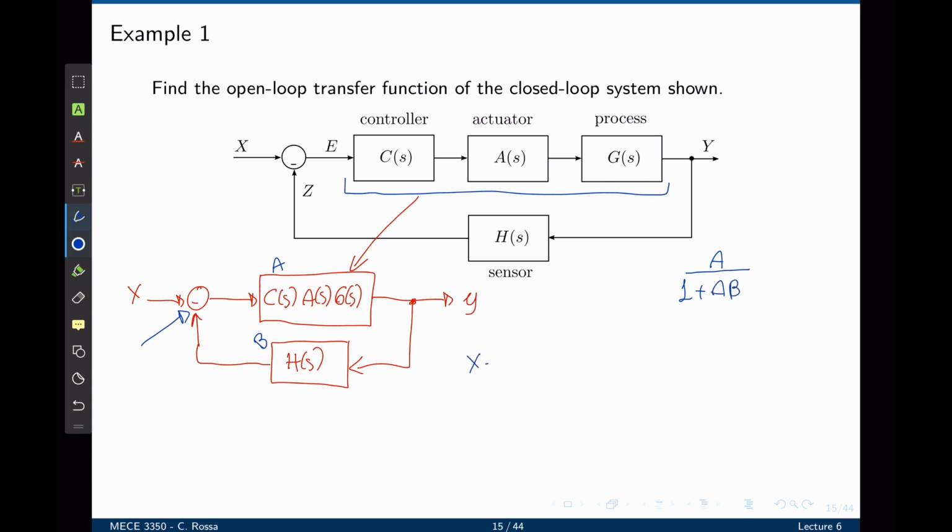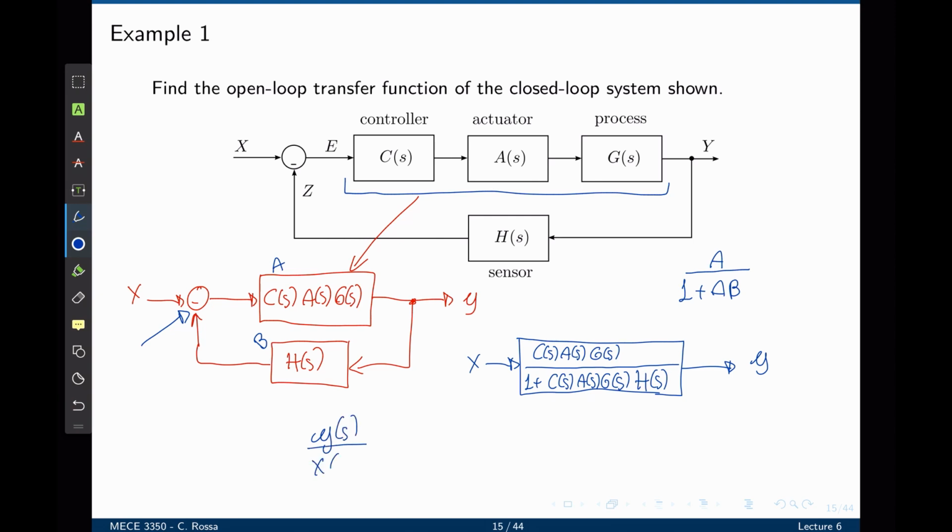So this gives x as the input times a, the line function, c of s, a of s, g of s, divided by 1 plus c of s, a of s, g of s, times h of s. And the output is y. So the transfer function is y of s over x of s equals c a g over 1 plus c a g h.